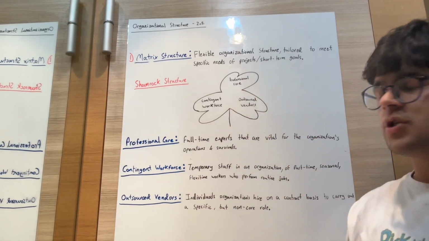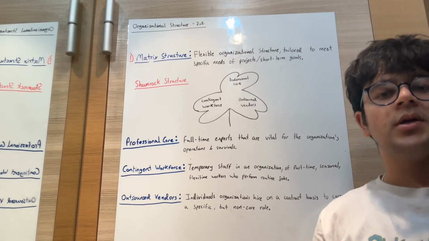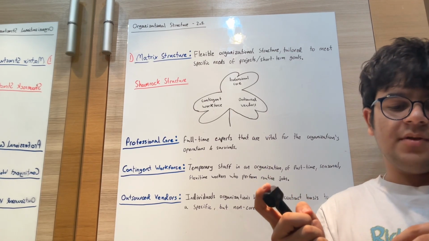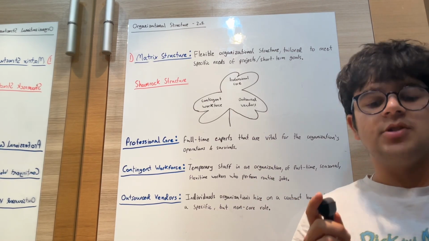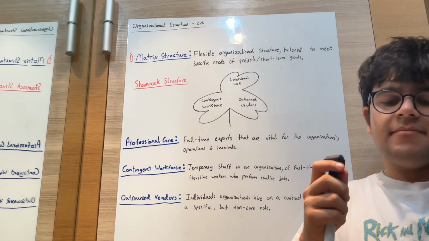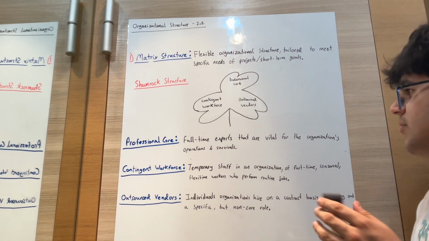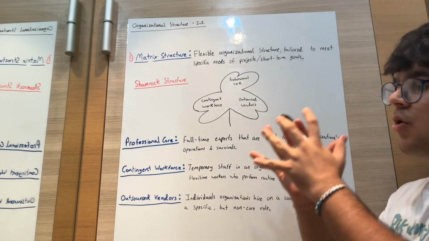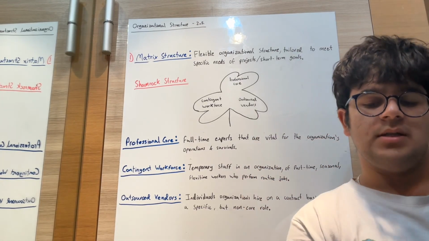These are your professional core employees, your core workers that always have to be there. They are essential for the business in order to meet your business objectives properly. So you need a certain percent of your business to be core workers and professional core.